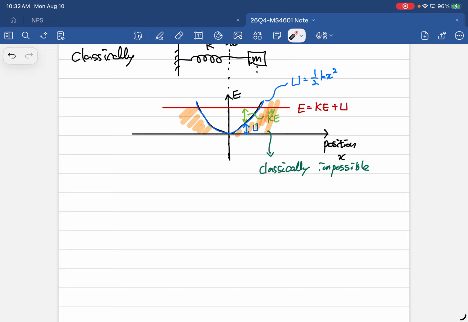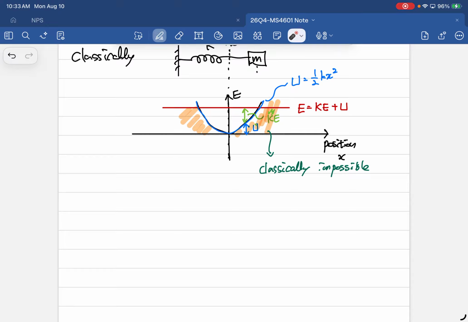If we describe it, the mass is located here, comes back, goes here, comes back. Looking at this potential energy, it goes up to here and then goes back, but it cannot reach this point. Are you guys following? Classically, the mass is really confined within the plot, and it can never reach this highlighted regime. That is the classical approach.